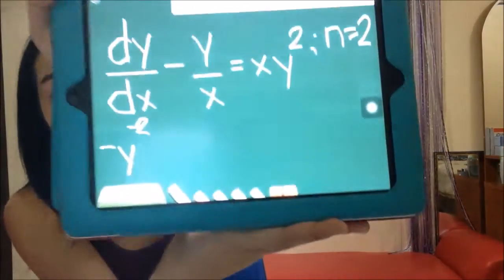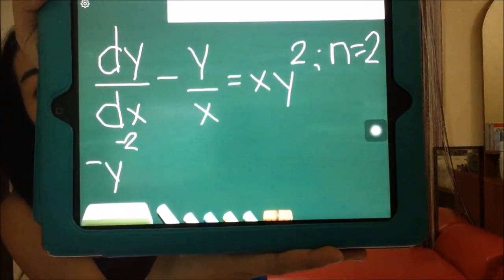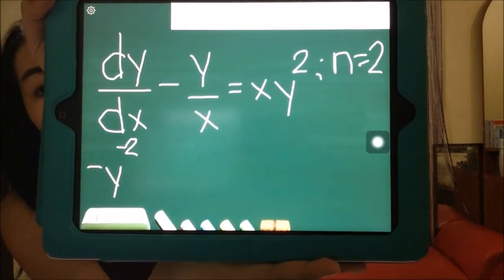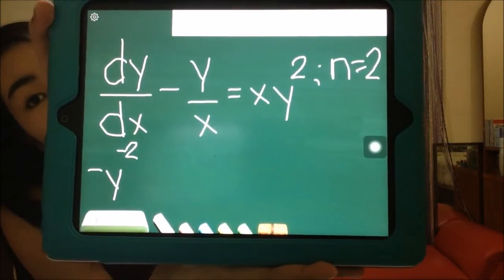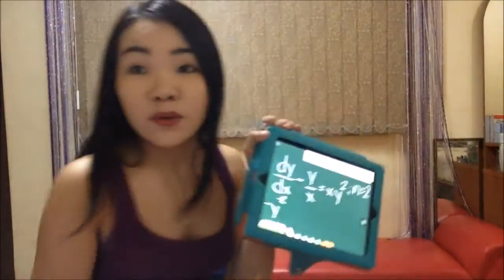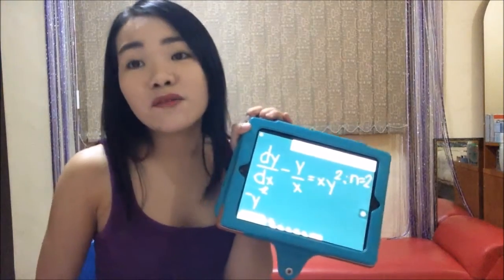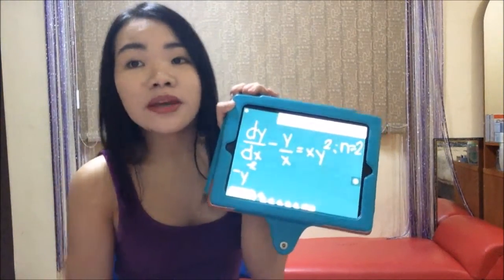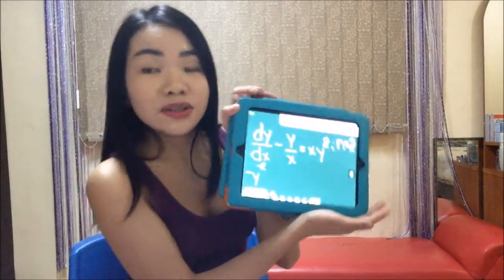We're going to multiply the negative y raised to negative 2 to this equation to make it into a linear equation. So, let's see if it really will become a linear equation.